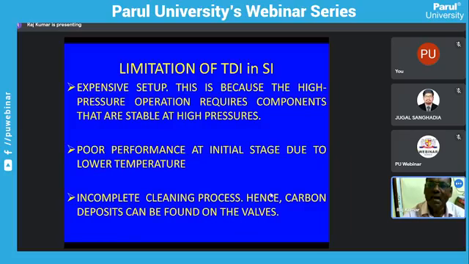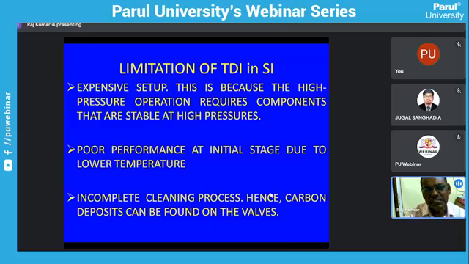Extensive maintenance is also required on this turbocharger. At the initial stage, when we start the turbocharged engine, it gives poor performance, that is, less output, because the temperature of the exhaust gases is lower.